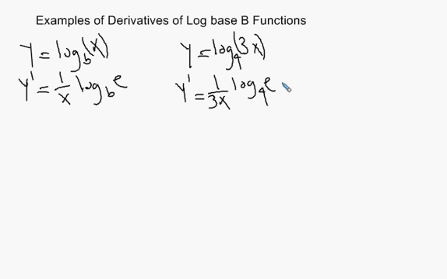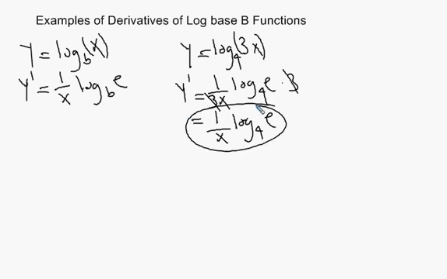And then by the chain rule, we need the derivative of the inside, so we multiply by 3. So then the 3's cancel, and our final answer is 1 over x log base 4 of e. Okay? That's one way to do that, and that's a perfectly acceptable answer.